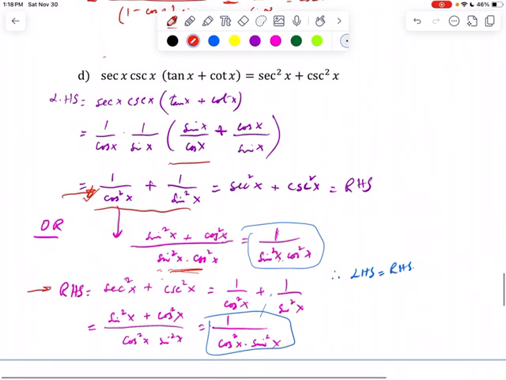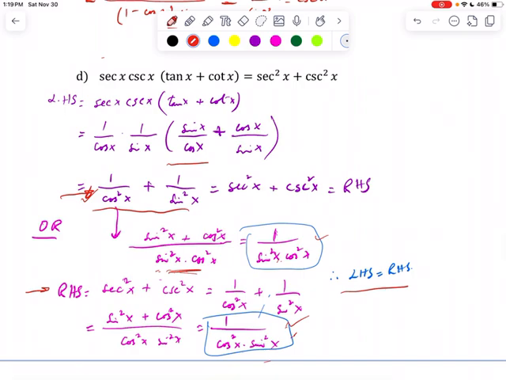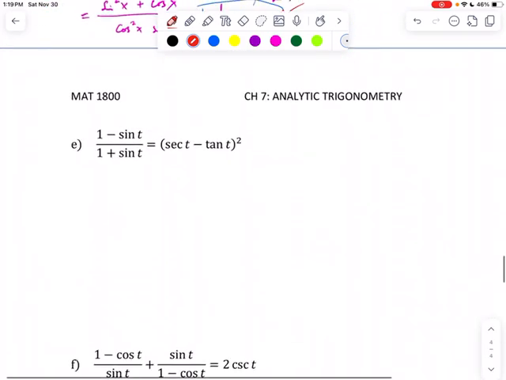So you will end up getting what I have here. So you see these two terms are same. So you can say now left hand side is equal to right hand side. So you have proved that the identity is true, or it is verified. Okay, let's move on to the next one.